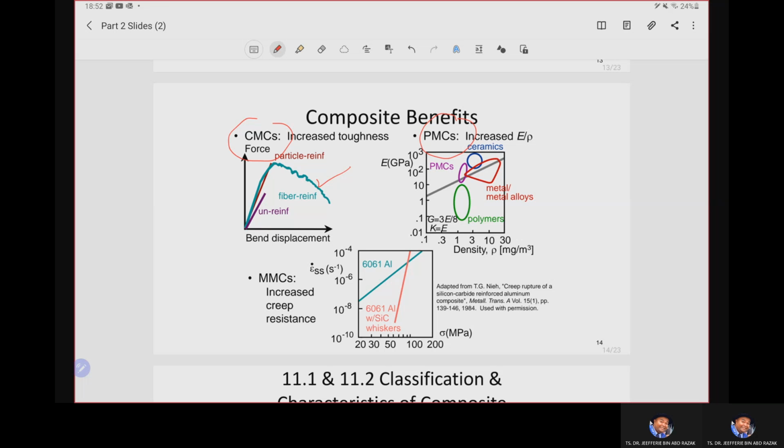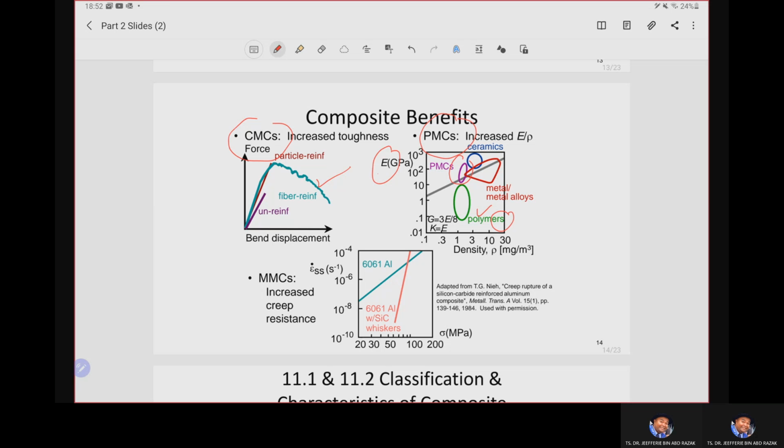You see here, by using PMC, it will increase the modulus E and specific modulus in comparison to unreinforced polymer, so the specific modulus or modulus here is significantly increased.